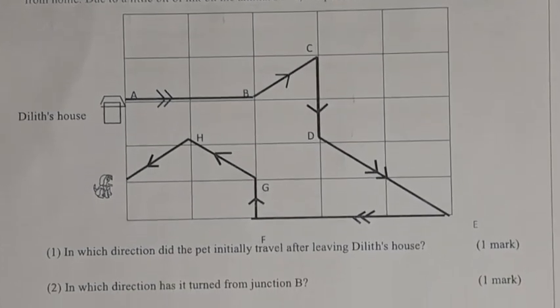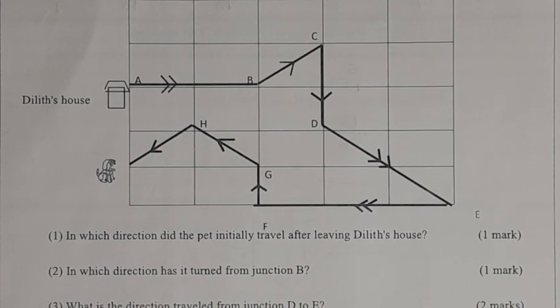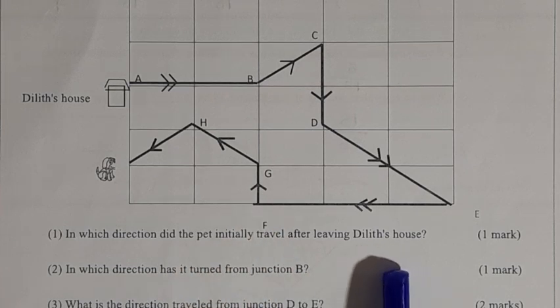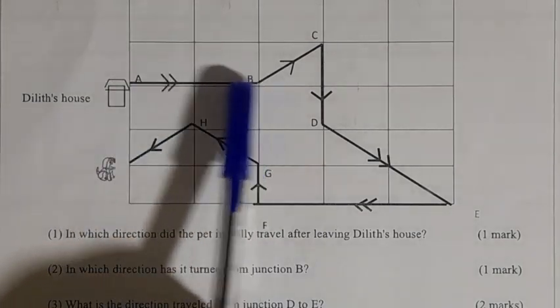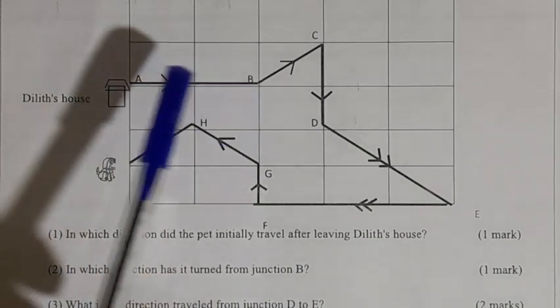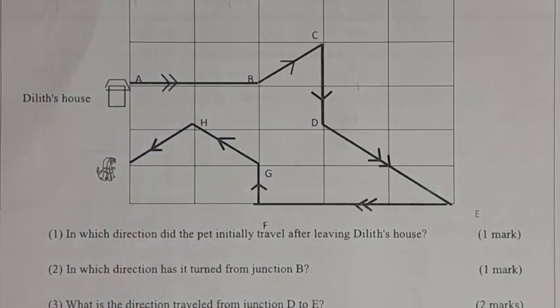First question. In which direction did the pet initially travel after leaving Dilith's house? This is the direction he travels, A to B, to the east. So as the first answer, we have to write east direction.